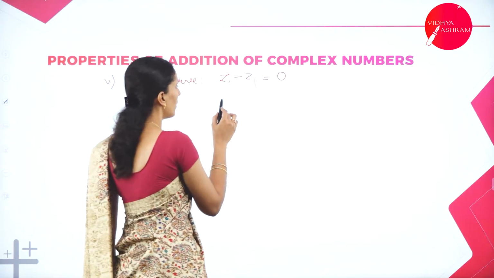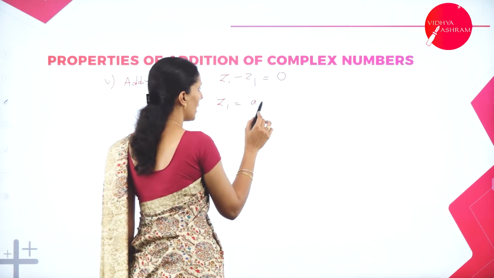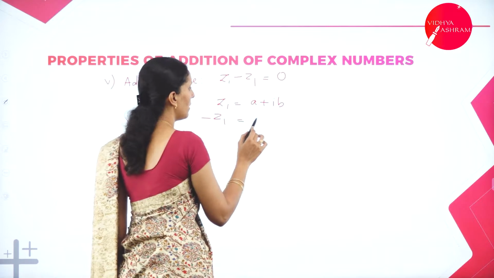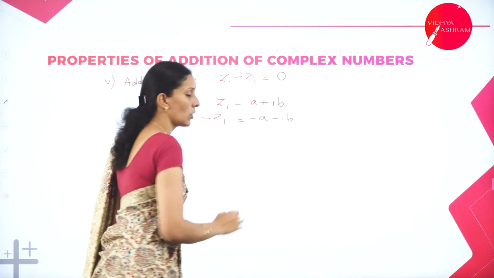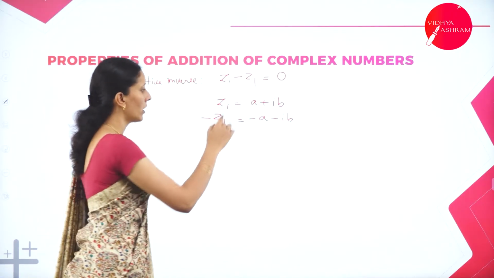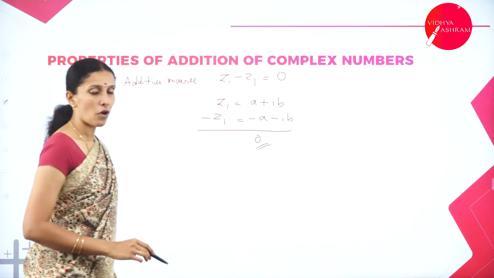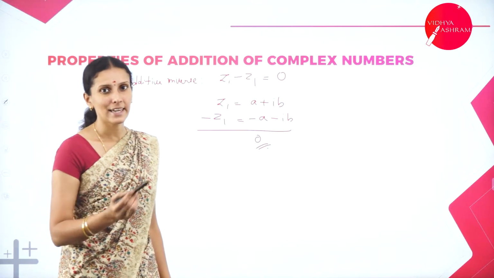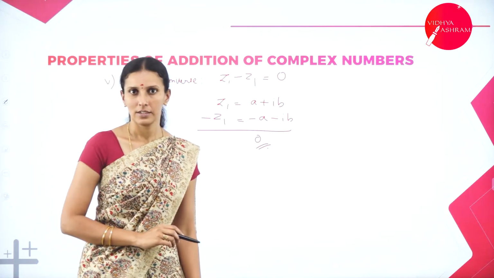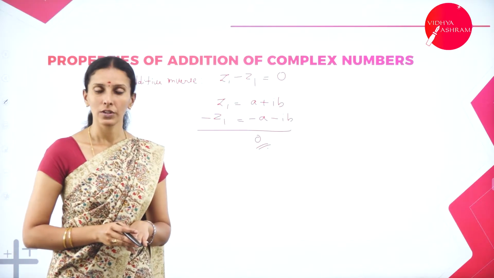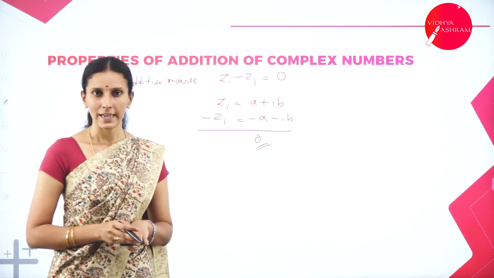That means if you have z1 equal to a plus ib, then minus z1 must be minus a minus ib. So when you add those two, the result will be 0. You can clearly see, for z, minus z is the additive inverse, and for minus z, z is the additive inverse. So that we get 0 as the identity.